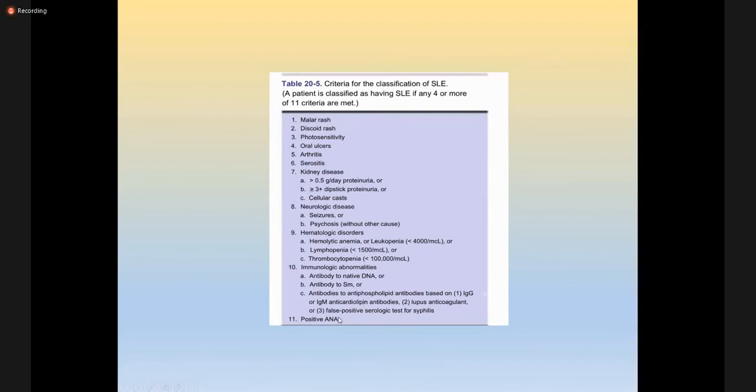And then positive antinuclear antibodies. So basically, when you are getting a patient with clinical features, you have examined the patient, and you have found some findings in the labs, then you have to put all those findings of your patient in this diagnostic criteria to see whether your patient is meeting the criteria for diagnosing SLE or not. That would be easy.